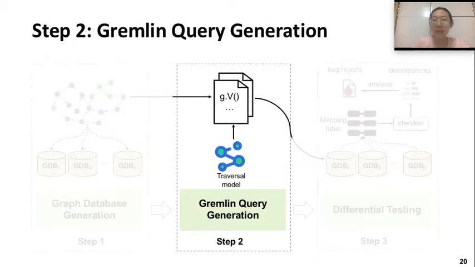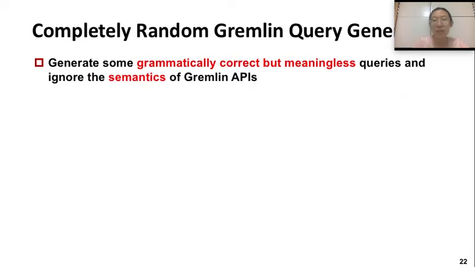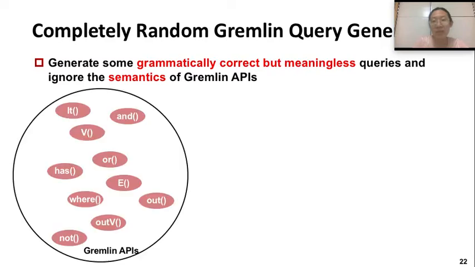The second step is to generate Gremlin queries. Gremlin has different syntax and query patterns from SQL. Therefore, the existing query generation tools in RDBMS cannot be used in GDB testing. To generate Gremlin queries, we should study how to legally link Gremlin APIs.